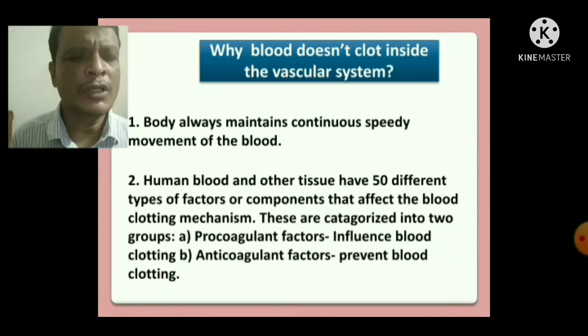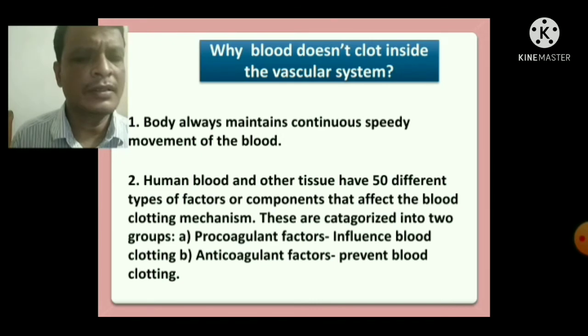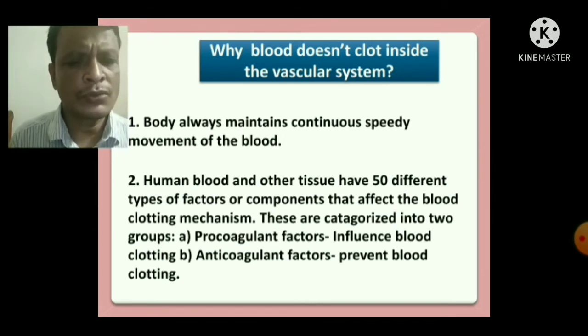Number two, the human blood and other tissues have different types of factors or components that affect the blood clotting mechanism. These are categorized into two groups. Procoagulant factors influence the blood clotting, and the anticoagulant factors prevent the blood clotting process.